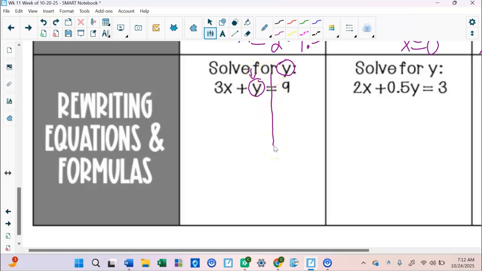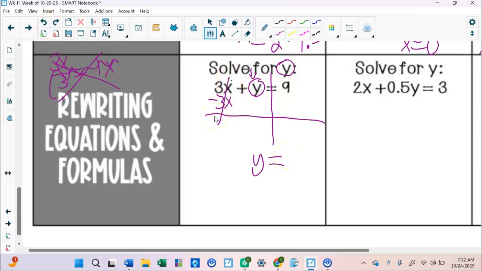Now, this is weird to you, but we need 3x to disappear from this side. So we need y all by itself. So dividing by 3, let's talk about that. If I divide by 3, I get 1x. So that doesn't eliminate it. Okay, the only thing that could eliminate it is subtract 3x. Now, that gets rid of that one.